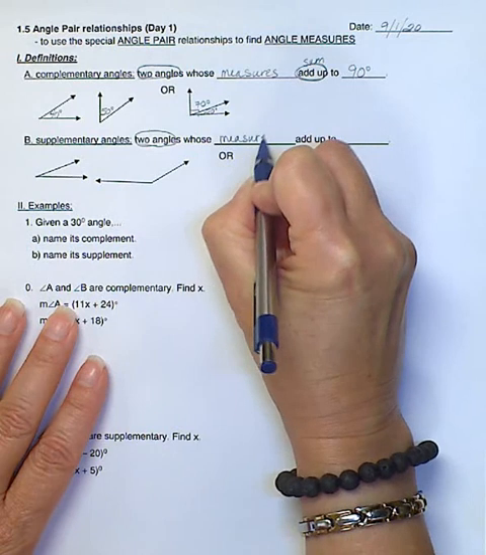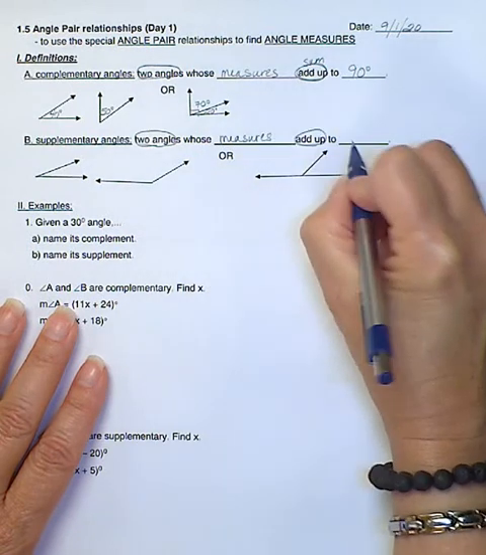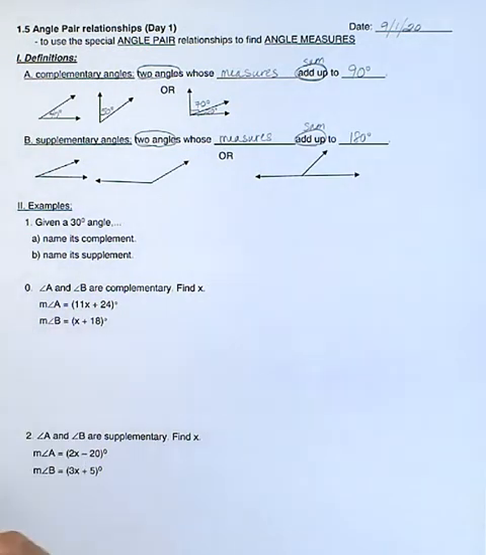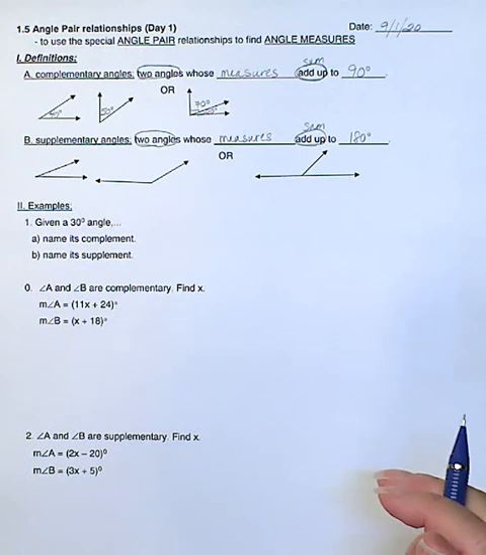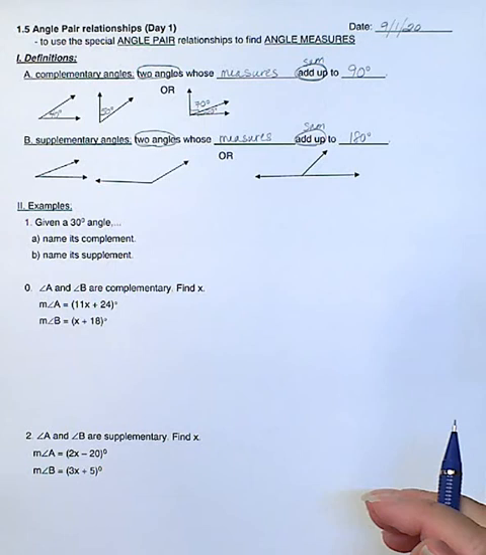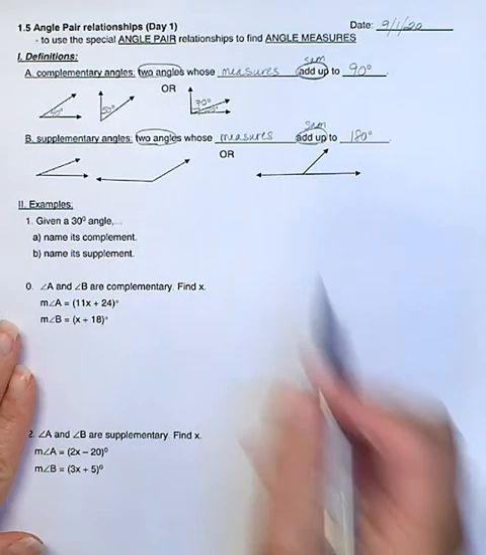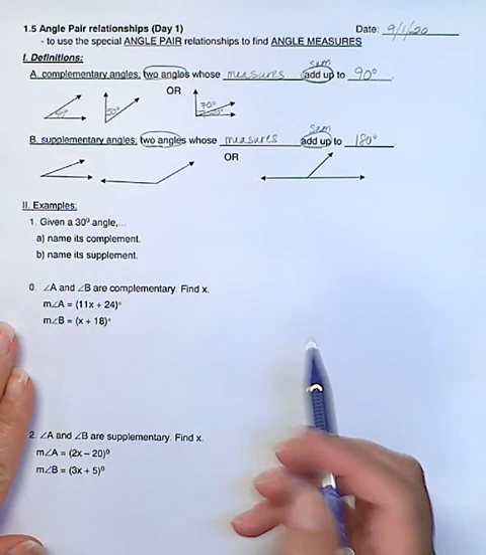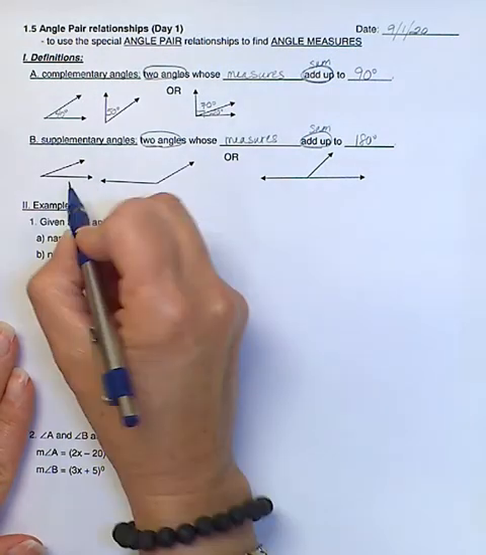We just would not use the word supplementary, because supplementary is reserved for two angles. Again, the definition does not say that the two angles have to touch each other. So if we had an angle over here that was, let's say, 35 degrees, then this angle to be supplementary to it would have to be 145 degrees, because 145 plus 35 is 180.